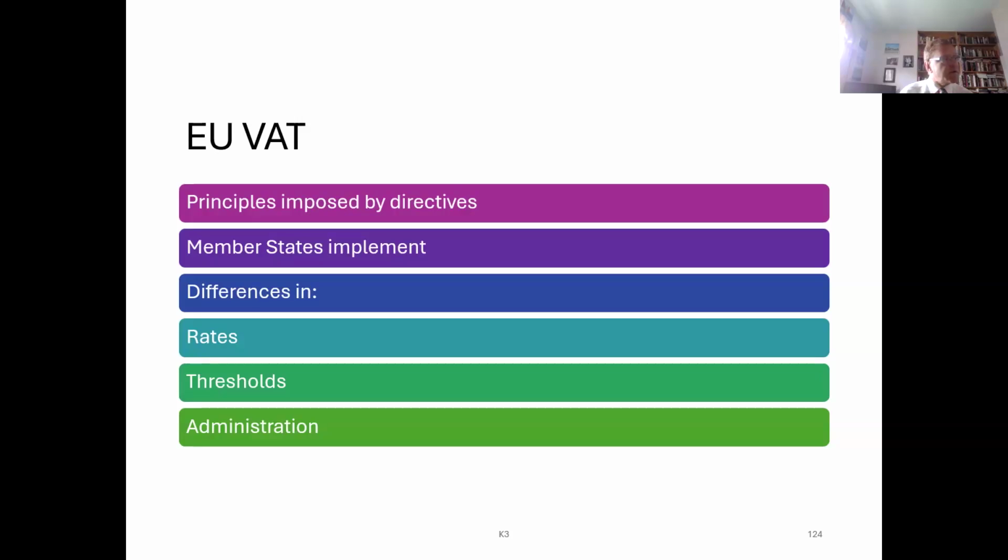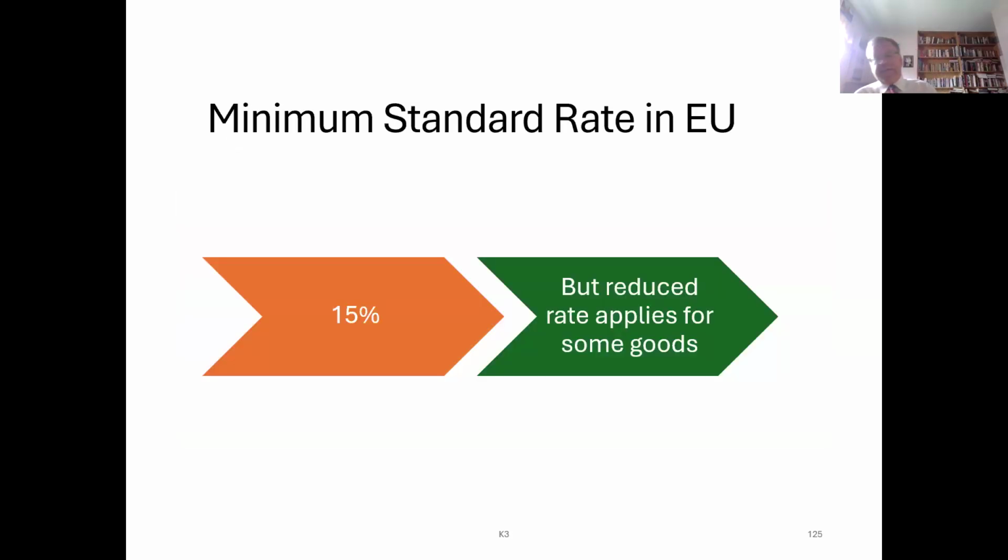That is EU VAT, but we're not part of the EU, so we have greater freedom in that respect. EU VAT principles are imposed by directive, the member states implement them, and there are differences in rates, thresholds, and administration. There is a minimum standard rate in the EU of 15%, but reduced rates do apply for some goods.